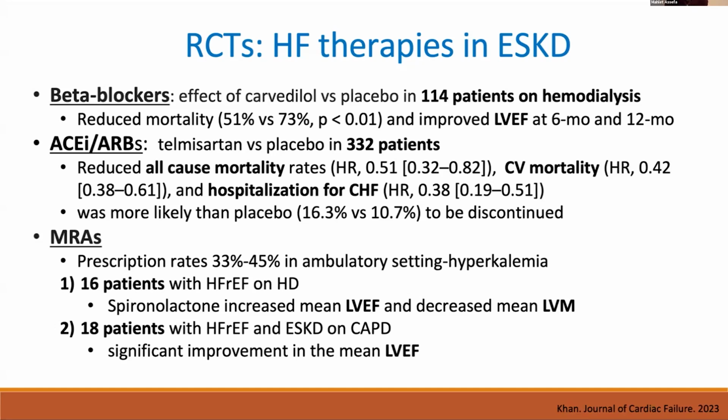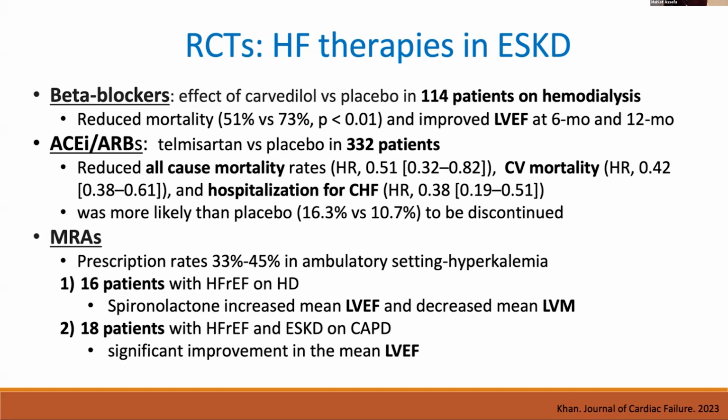I will say that it's an exciting time because there are a couple of randomized controlled trials in the pipeline. With regards to MRAs, I believe there are two studies, one called ACHIEVE and the other called ALCHEMIST, that are looking at the effect of aldosterone antagonism in patients on chronic hemodialysis.